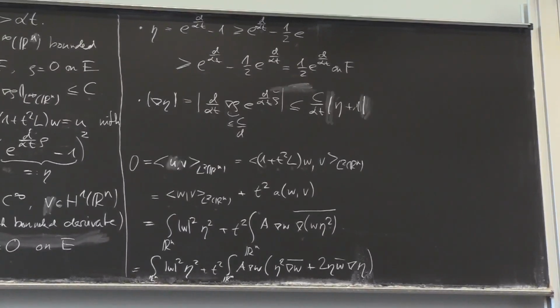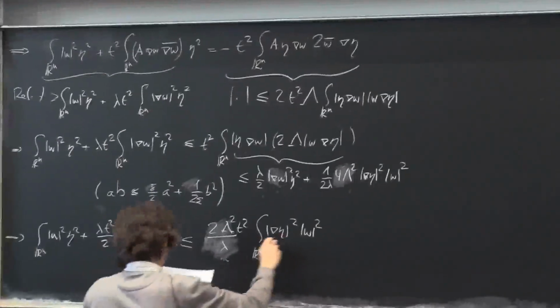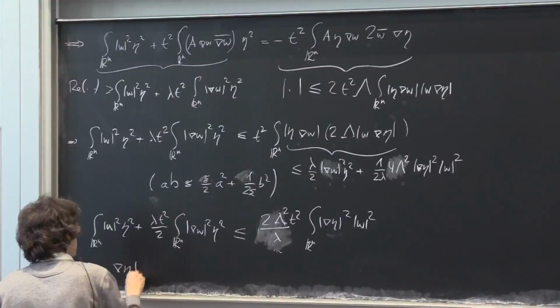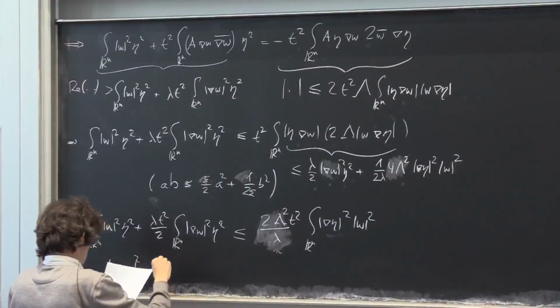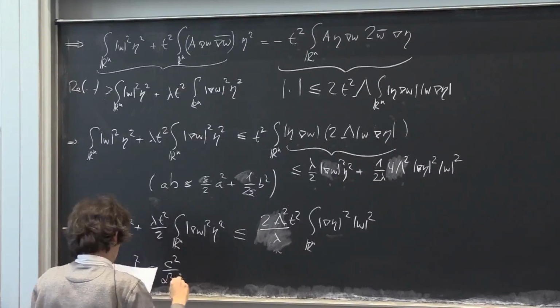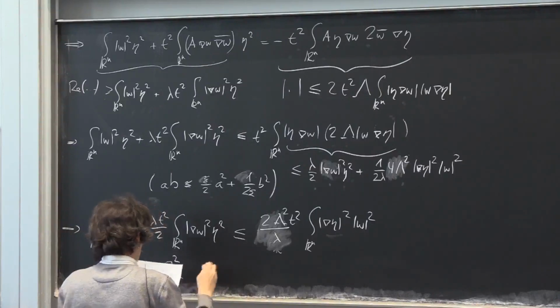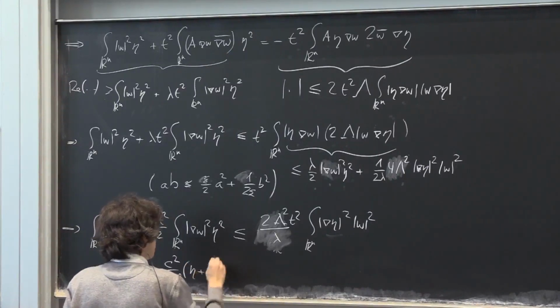So the gradient of eta can be estimated by a constant over alpha t times eta plus 1. So we can estimate this gradient here. So we know that the gradient of eta squared can be estimated by c squared over alpha squared t squared times eta plus 1 squared.